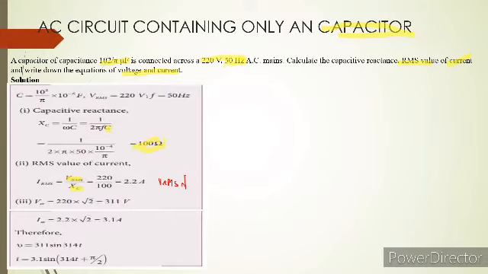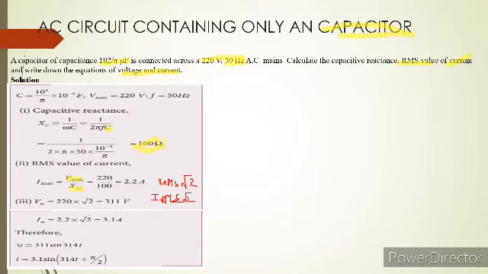If you want to find out Im for current, in the place of V we will write I, so Irms into root 2 is the equation.